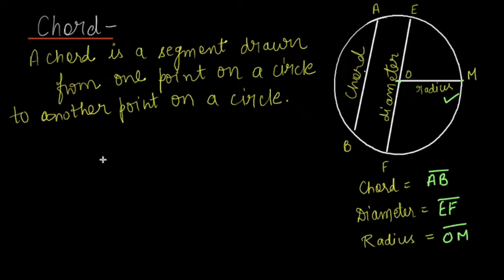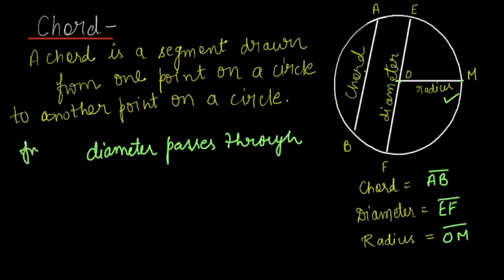So a chord is a segment drawn from one point on a circle to another point on the circle. Now a diameter, we said, necessarily passes through the center. Diameter passes through the center. This is a very important point from the exam point of view also. Passes through the center, but a chord does not necessarily pass through the center.